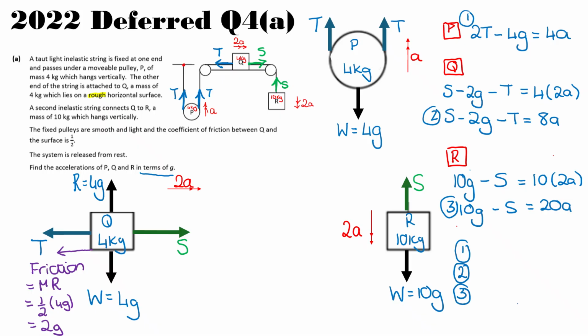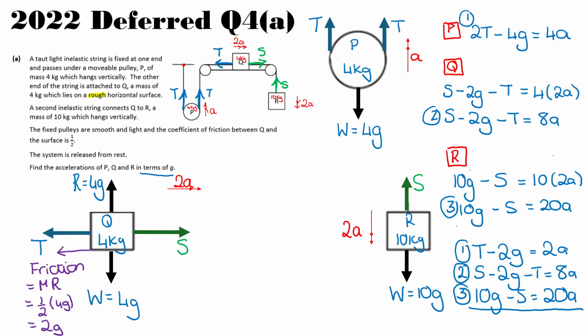So the first thing I'm going to do is divide equation 1 by 2, leaving me with T minus 2g is equal to 2a. We then have S minus 2g minus T equals 8a. And then finally 10g minus S equals 20a. Now the reason we can do all three together is that it is going to get rid of not one, but two of our unknowns.